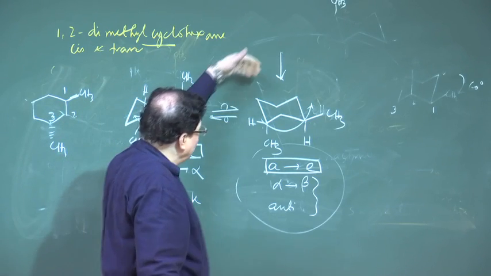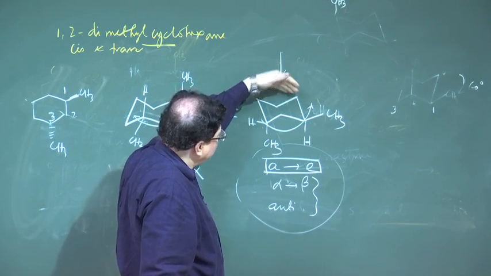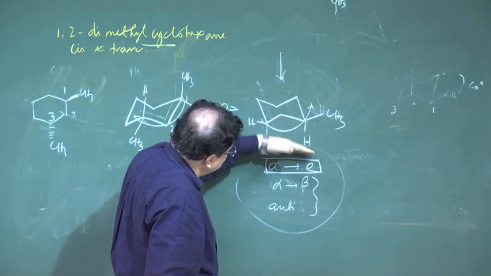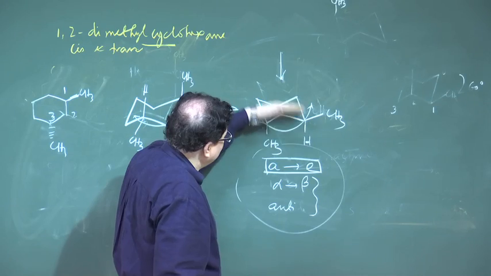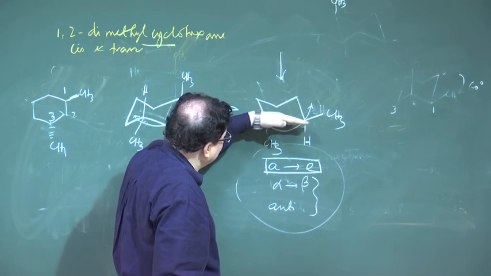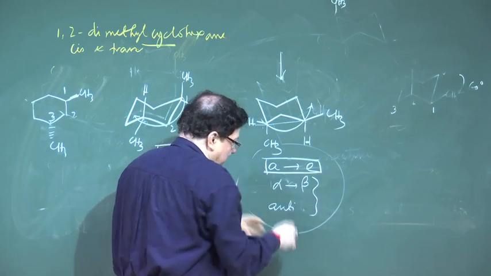That means I am looking from this position, thinking that any group which is below this plane becomes beta, and any group which is above, towards me, is alpha. So my reference plane I have just changed, because I myself have changed.